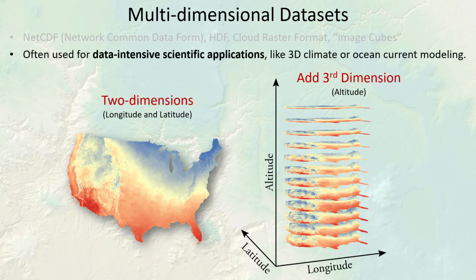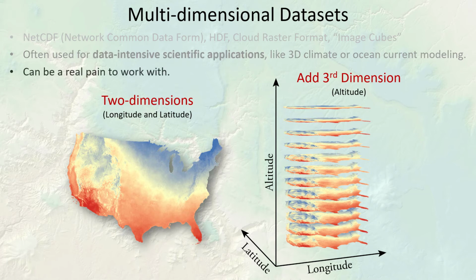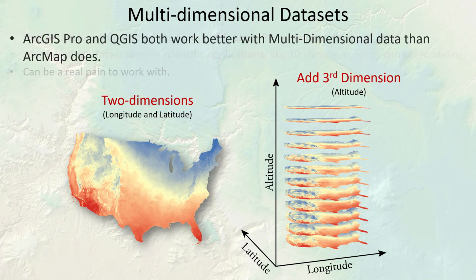They are often used for data-intensive scientific applications like 3D climate modeling or ocean currents. They are also difficult to work with, especially in ArcMap. ArcGIS Pro and QGIS are both much better designed to handle these multidimensional data sets than ArcMap. But ArcMap still, if I have to deal with NetCDF data, I'd probably go with Pro or QGIS instead.